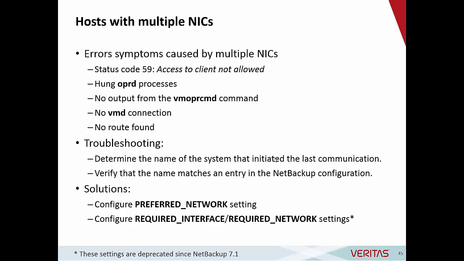We can help to regulate this by using the preferred network settings in NetBackup, which are used to force NetBackup traffic to move across a specific connection. And you can do this either by inclusion or exclusion. You can say, hey NetBackup, I want to force you to always use this connection. Or you can say, hey NetBackup, use any connection you want, but not this one, and you stay off this NIC. Or by a combination of the two.